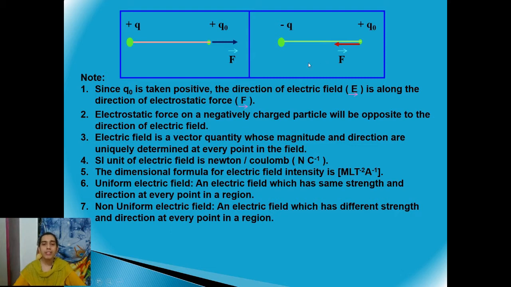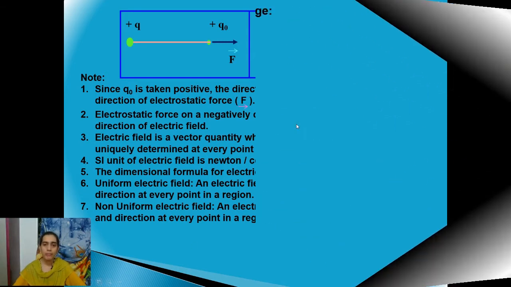If the strength and the direction of the electric field are different at different points, then we call such a field a non-uniform electric field. Okay, we will be using these terms later in the chapter, so remember these important terms.